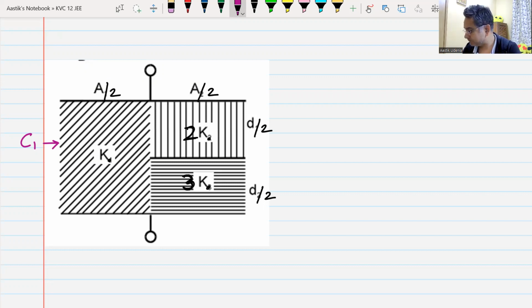Epsilon naught A by D, sir. K. Oops, why am I writing A? K epsilon naught A by 2D. That is correct. Good. If I call this capacitor as C2, what is the capacitance of this capacitor?